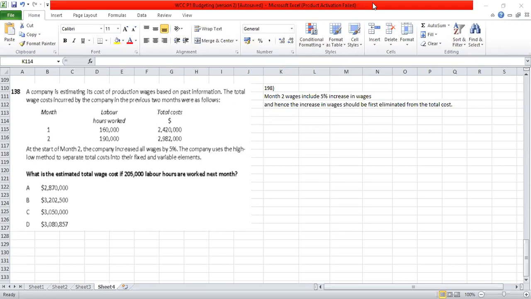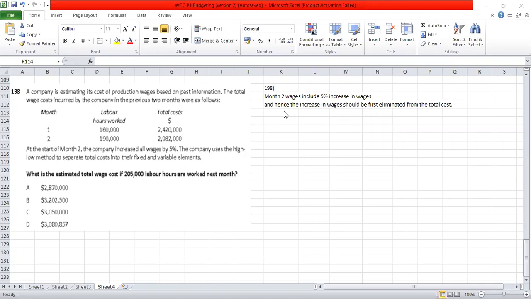So the figure appearing in the question is at 105%, because the 5% was already added and is included. So that has to be eliminated. A figure which is at 105% is 2,982,000. So what is the amount at 100%?